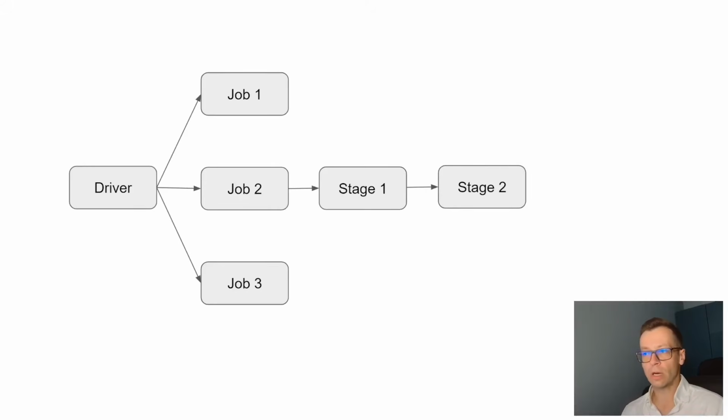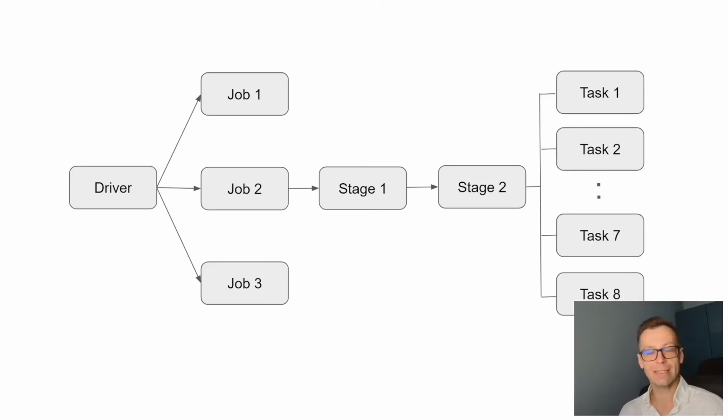What is important to remember is that stage 2 can start only once stage 1 is finished. There are again some special cases where they can slightly overlap, but the general rule is that stage 2 will start after stage 1 is finished. And inside each stage we have one or more tasks, and we can run as many tasks in parallel as executor CPU cores, which we already know.